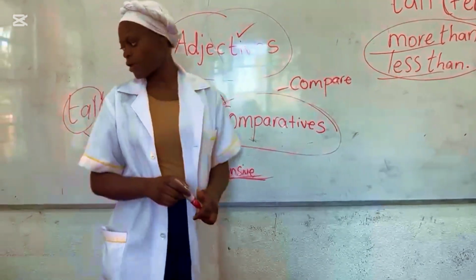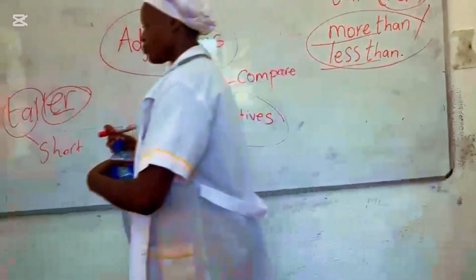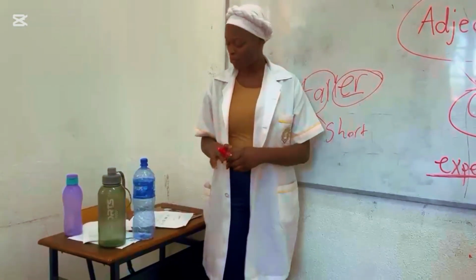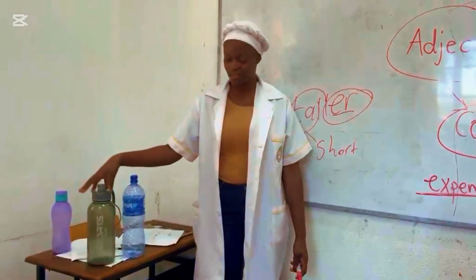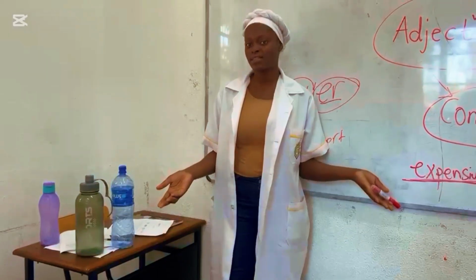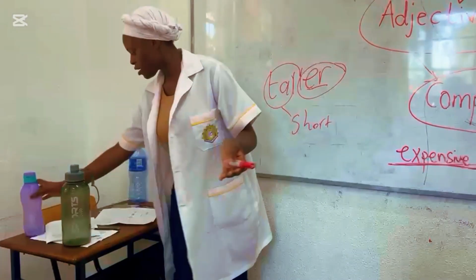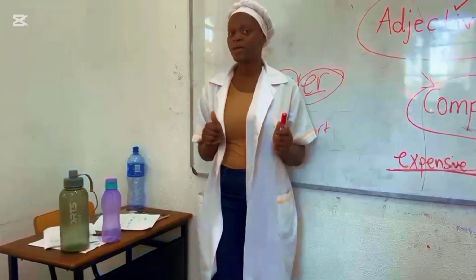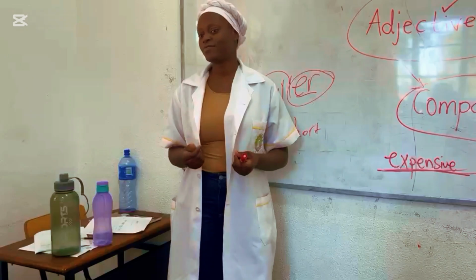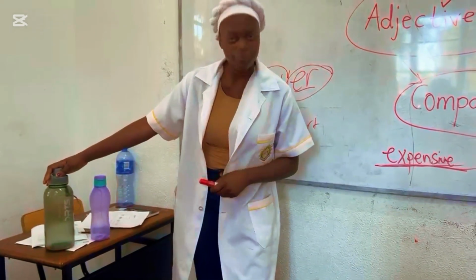Okay? For example, let me use this water bottle. We have two water bottles here, right? We have this one and this one. Which one do you think is more expensive? Both are, maybe, okay, let's see. Both bottles are expensive, both of them. But which one is more expensive? Is it the Tupperware or is it the sports bottle?